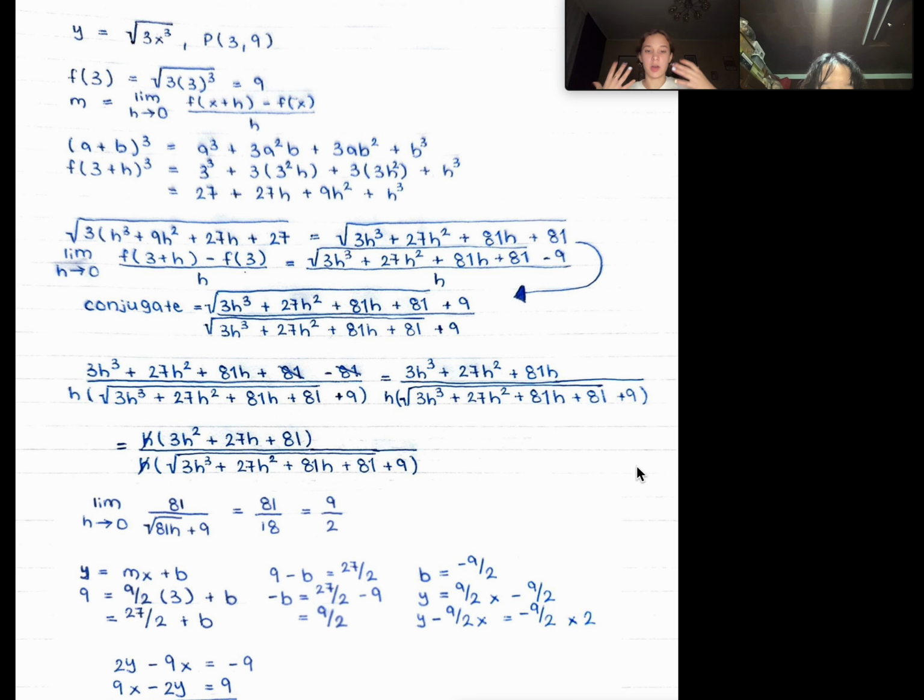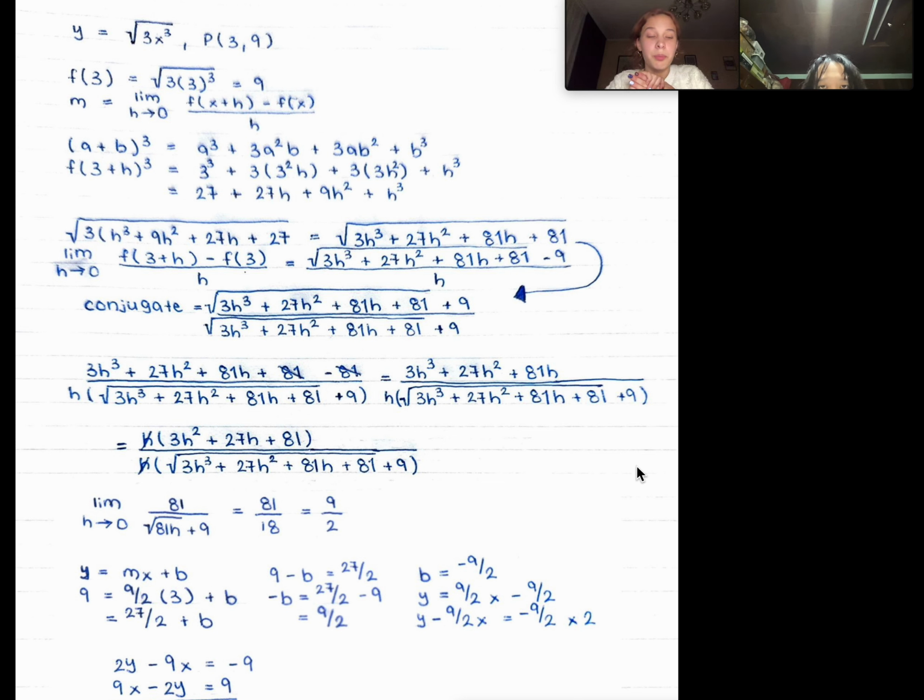Then we can see that we have so many h. We have the h cubed, we have the h squared, and just h to the power of 1. So that's why we can put the h value before the bracket as we did in the previous parts, to get rid of the h in both the numerator and denominator.